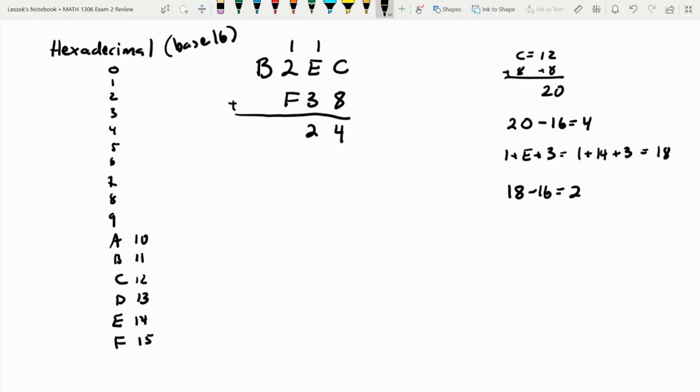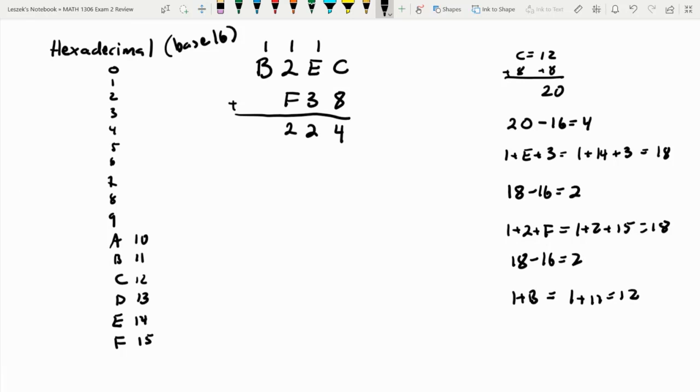All right, third column. 1 plus 2 plus F is 15. So that's again 18. Not too very exciting, but that's greater or equal to our base value. So subtract it to see what digit goes here, and then carry 1. And then 1 plus B is the same as 1 plus 11, so that's 12. But of course, in hexadecimal, 12 is represented by the digit C.